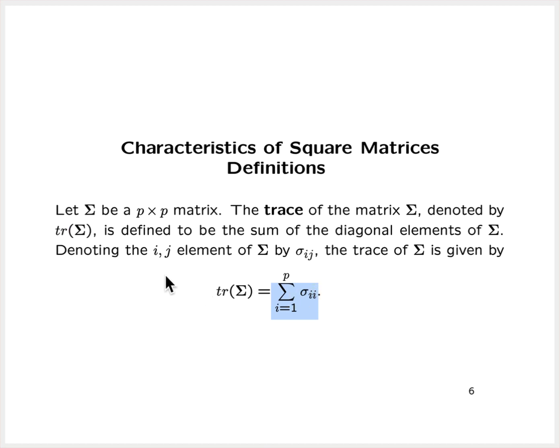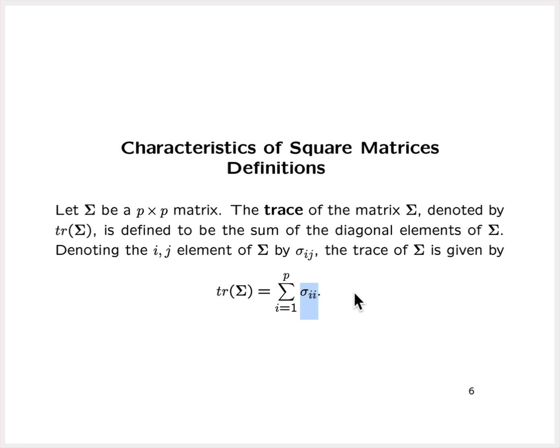Remember that when we say the ij element of a matrix, we're talking about the element in row i and column j of that matrix. Now you can see here that the subscripts on sigma are the same in this expression. What that is telling us is that we're looking at the elements that have the same row and column number.